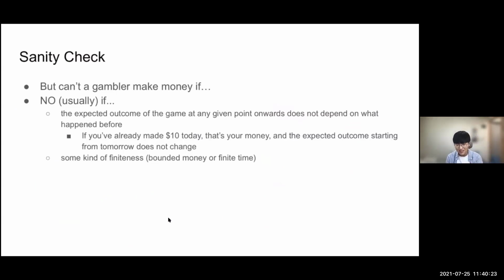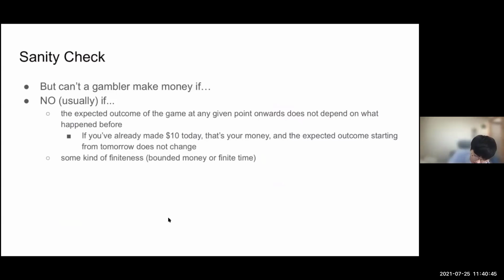I should have said that a gambler cannot make money by cleverly choosing when to stop, given that they are not allowed to wait indefinitely long.